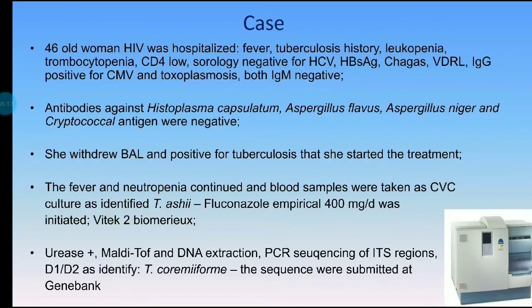That slide is the last I told you about this misidentification of Trichosporon asahii as coremiiforme. Some biochemical characteristics, like urease positive, and MALDI-TOF, DNA extraction, and PCR of ITS regions identified it correctly. The sequence was submitted to GenBank.